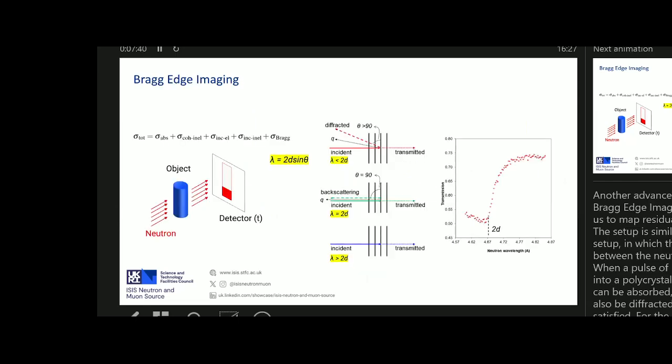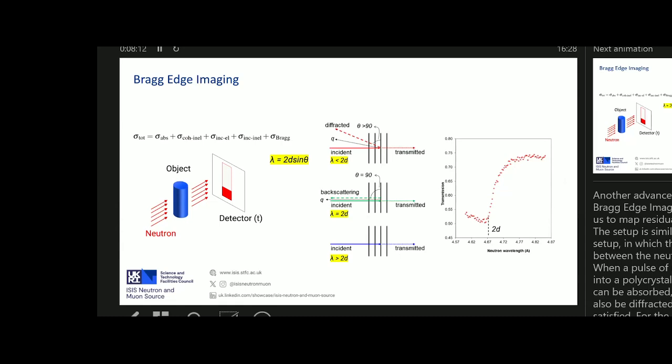And here is a more detailed explanation. When the neutron passes through a sample, the neutron interacts with the material. It can be absorbed, it can be scattered, it can also be diffracted according to Bragg's law. The first terms depend on the elements themselves, while the Bragg diffraction relies on the microstructure.